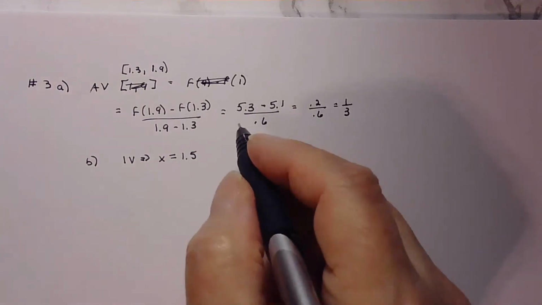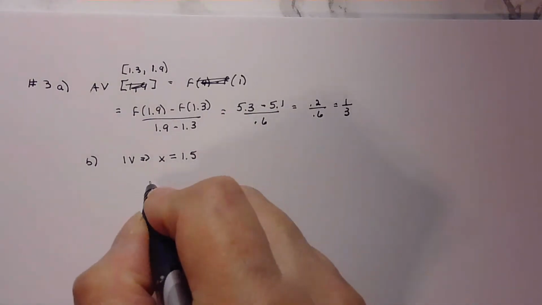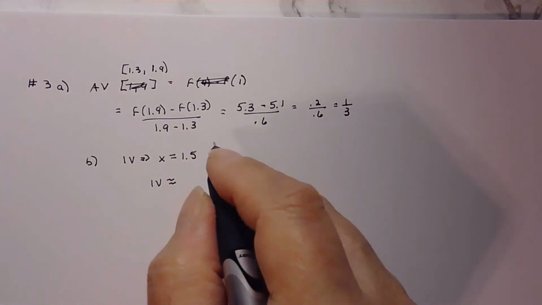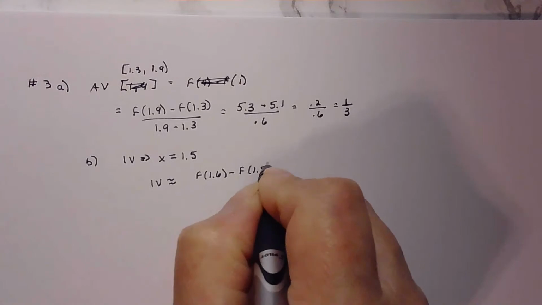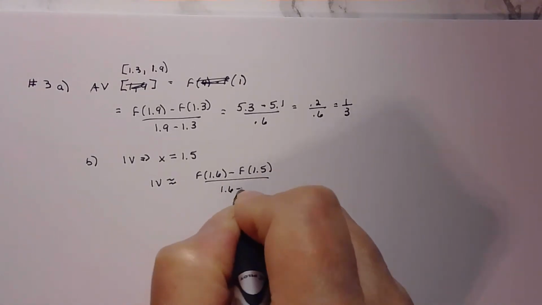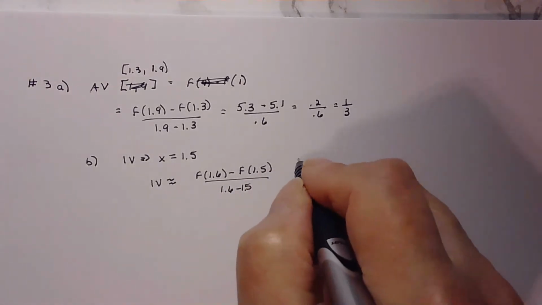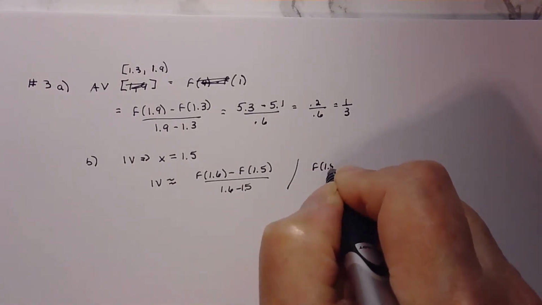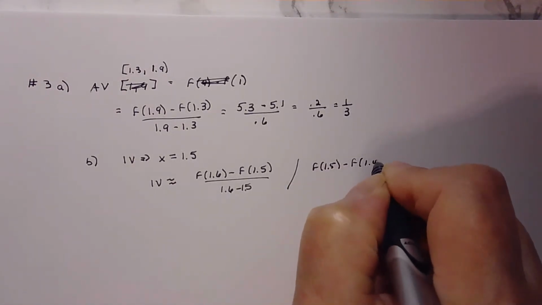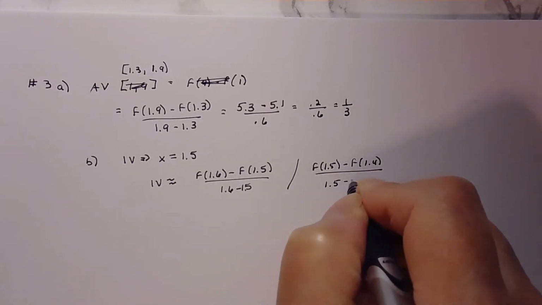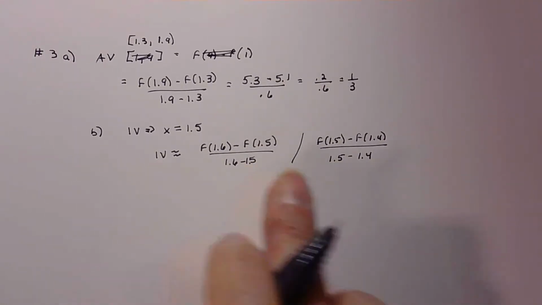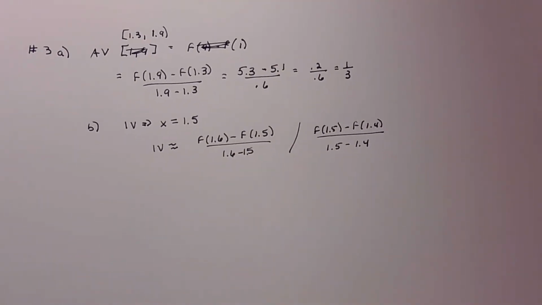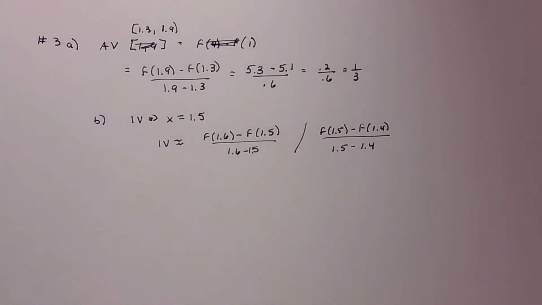So again, the instantaneous velocity is approximately equal to f of 1.6 minus f of 1.5 over 1.6 minus 1.5, and f of 1.5 minus f of 1.4 over 1.5 minus 1.4. Okay. If I compute those two average velocities and then average the outcomes, I'm going to get a good estimate of instantaneous velocity.